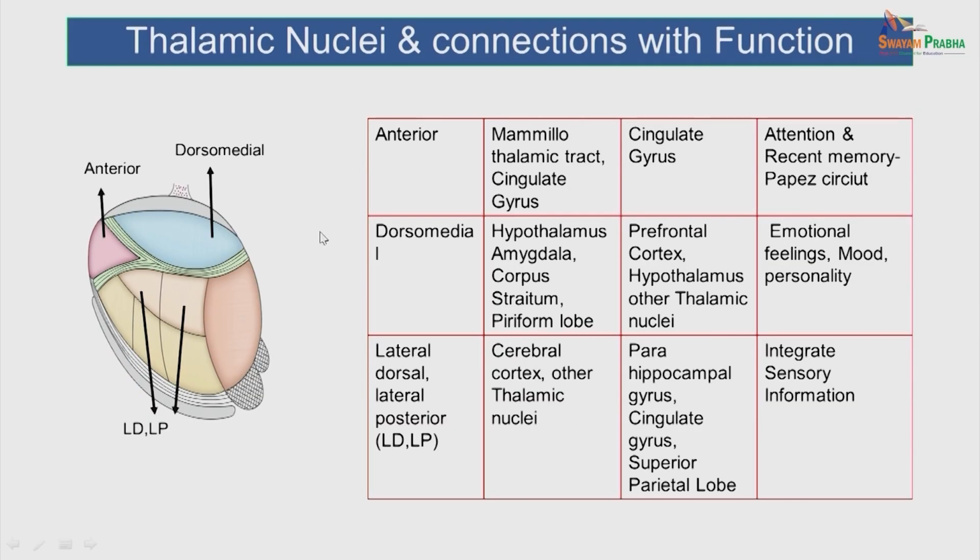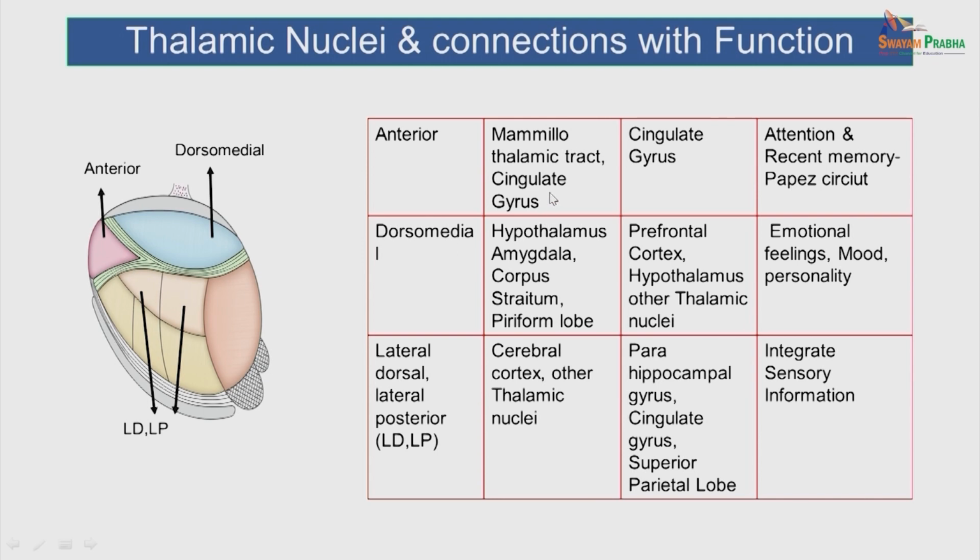So, now let us talk about the thalamic nuclei, the various afferents and efferents of each nuclear complex with their functions. Let us start with the anterior thalamic nuclei, which is present between the two limbs of the intramedullary lamina.